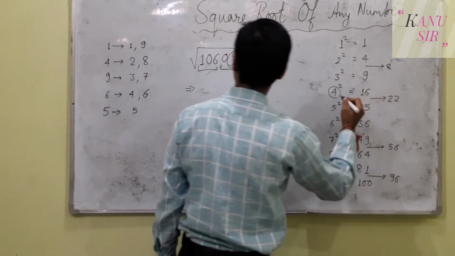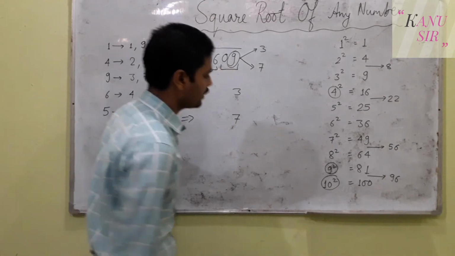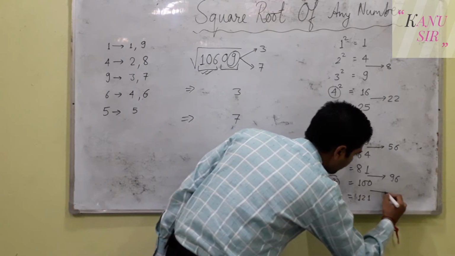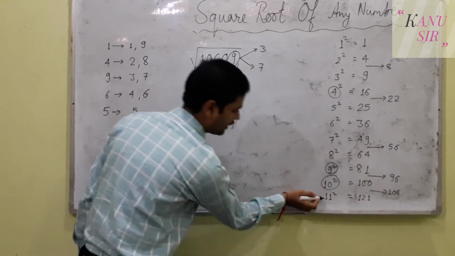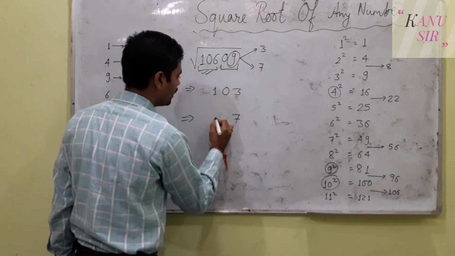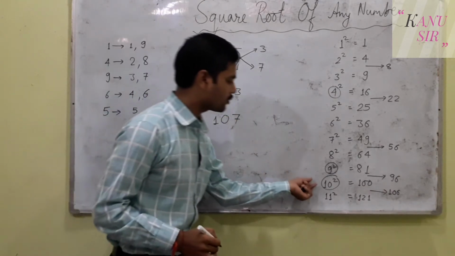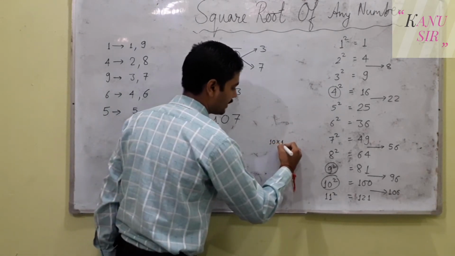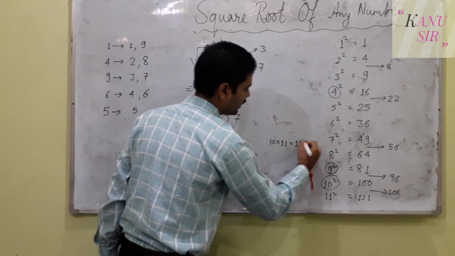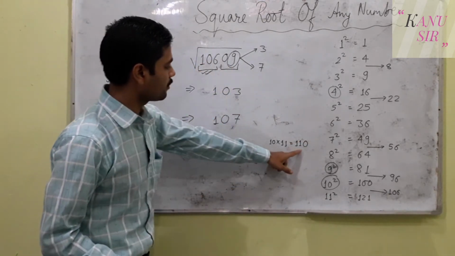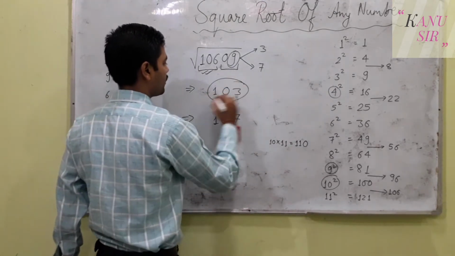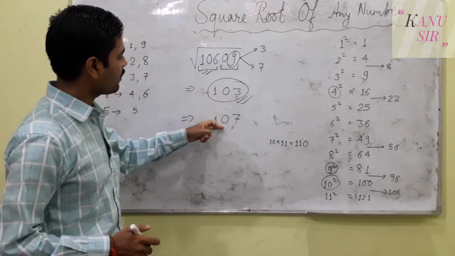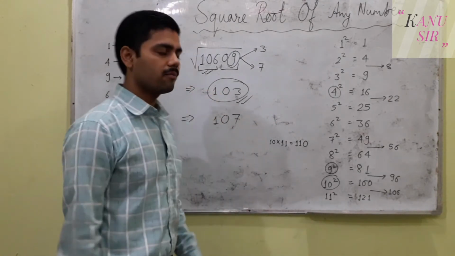The next number is 106, and the square of 11 is 121. It means 106 lies between 10 and 11. So the answer is 103 or 107. We take the smaller digit, 10, and multiply it by the digit after it, 11, which gives 110. Check: 106 is smaller than 110, and hence the answer is 103, the smaller value among 103 and 107.